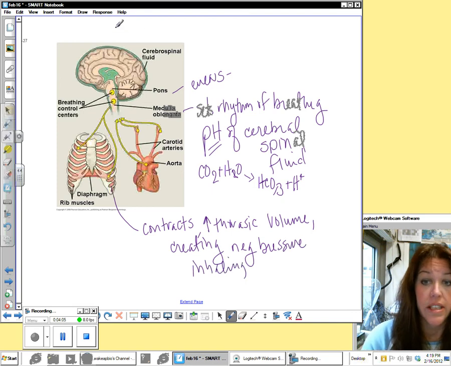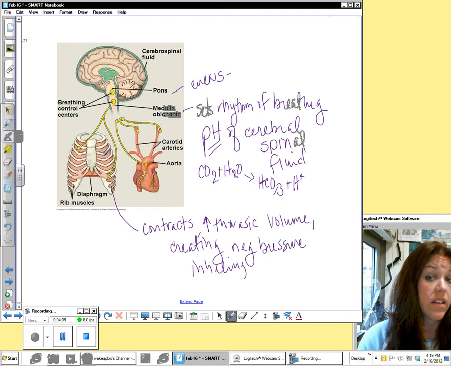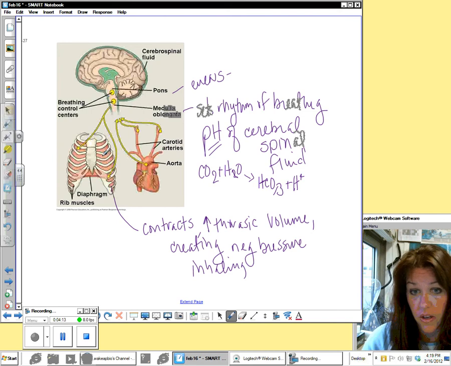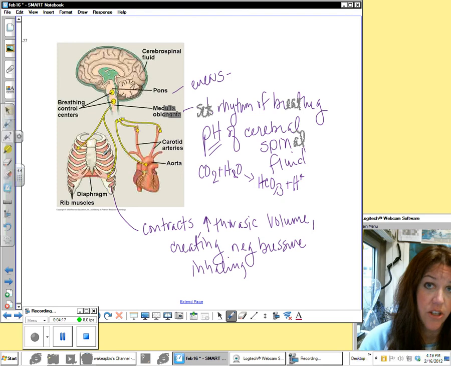Now, this medulla and pons causes contractions only. Then it relaxes after the contractions automatically. So it just regulates the rhythm by regulating the contractions. So when it relaxes, it exhales.